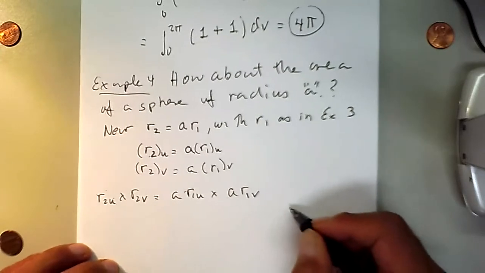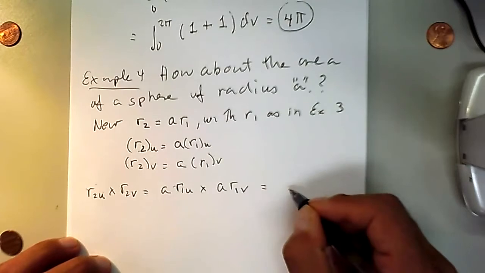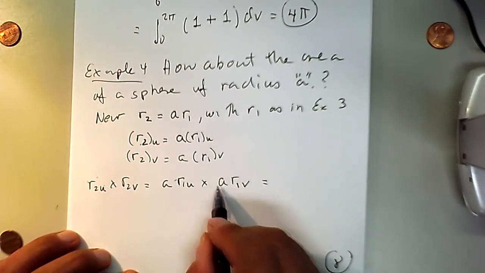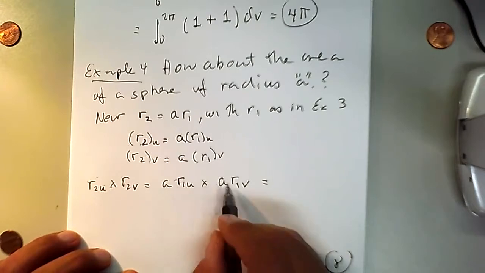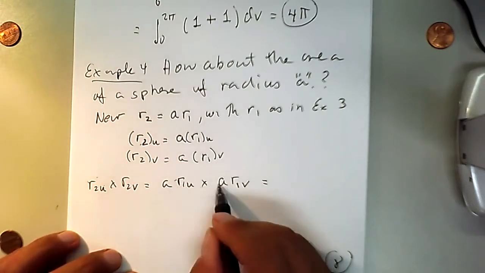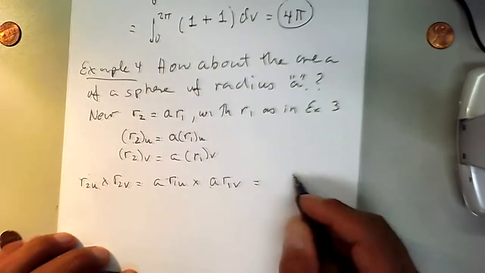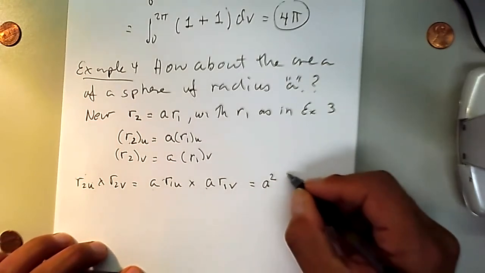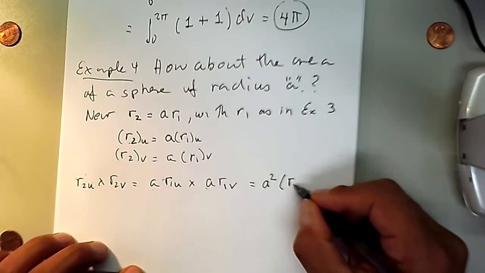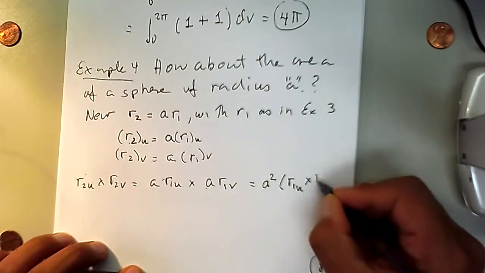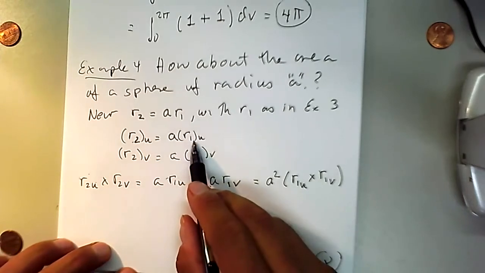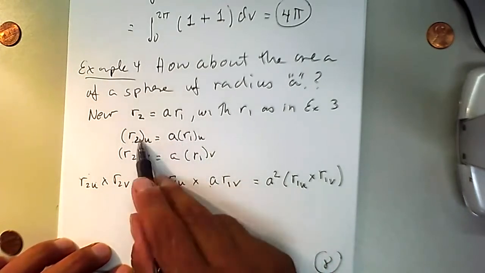But we know that the cross product works in such a way that we can factor out the scalar factors. So we can factor an a and another a. So we're going to end up with a squared, and then r1u cross with r1v. I'm just labeling r1 as opposed to just r because there's going to be two r's involved.